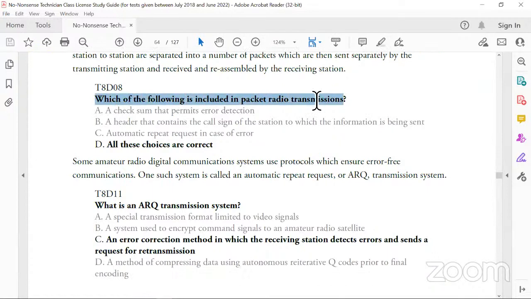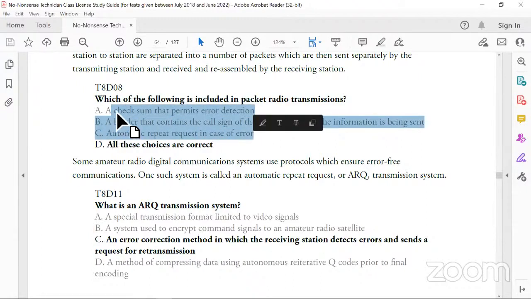Let's go. Which of the following is included in packet radio transmissions? Well, all of these are correct. And we did a slide on this, said that there's a checksum in packet radio that permits error detection. There's a header that contains the call sign of the station that the information is being sent to.